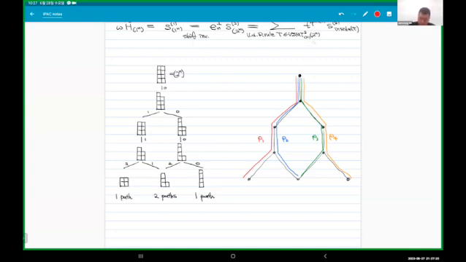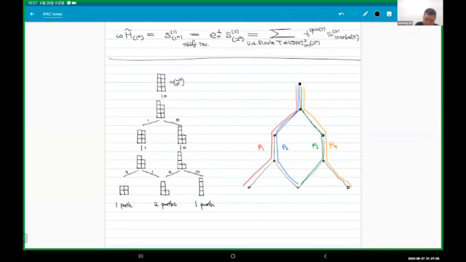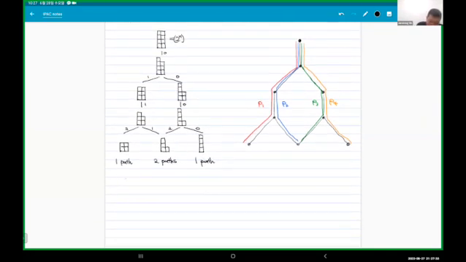Okay, so there are 4 paths, P1 through P4. So by this formula, we can conclude that omega h tilde 1 4 is the sum over all paths of t to the spin of the path times the shape of the end vertex of this path.